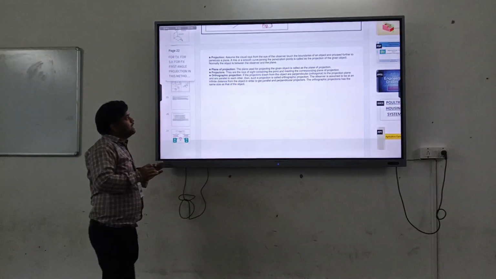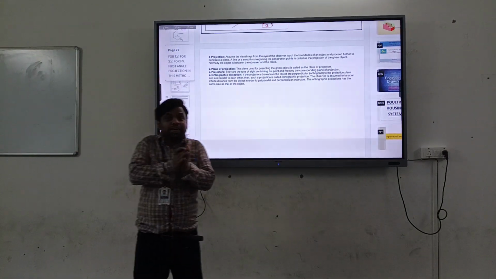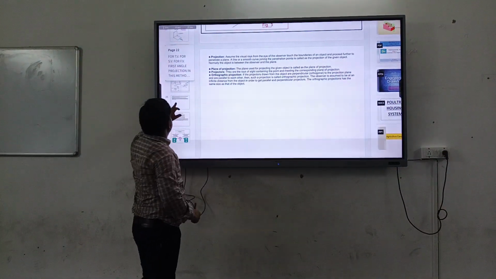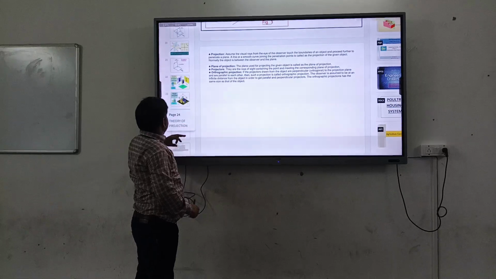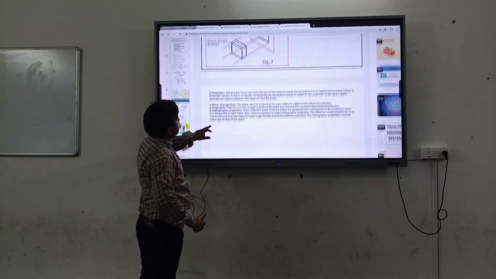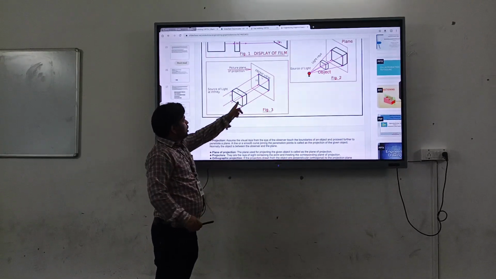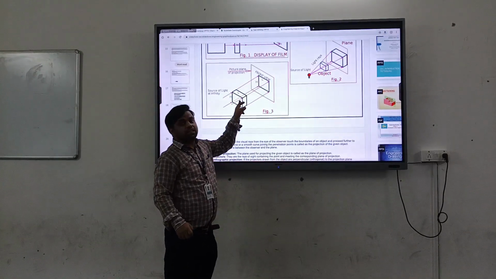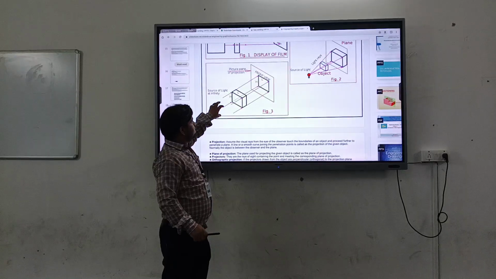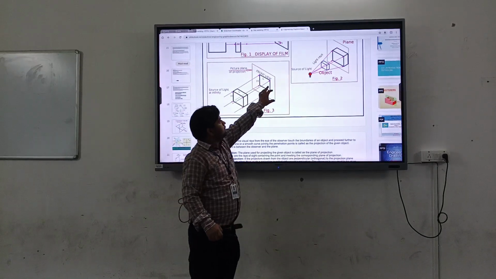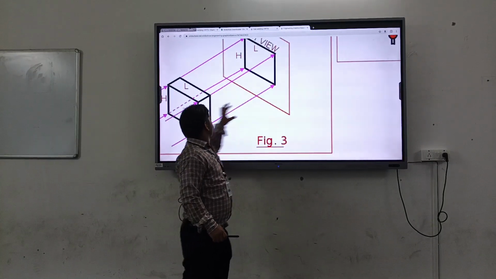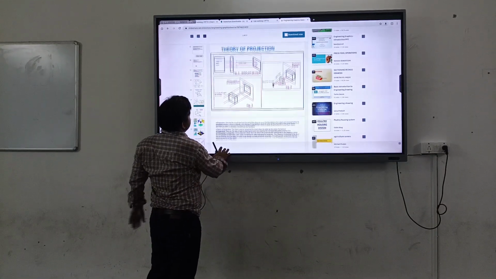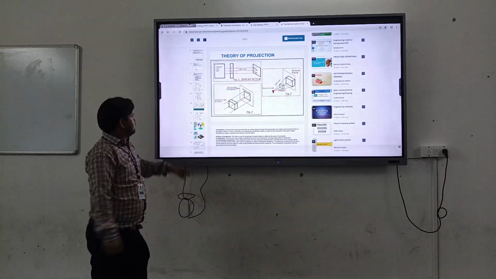Normally, the object is between the observer and the plane. See here, the observer is there and the plane is there, so the object will be between the observer and the plane.